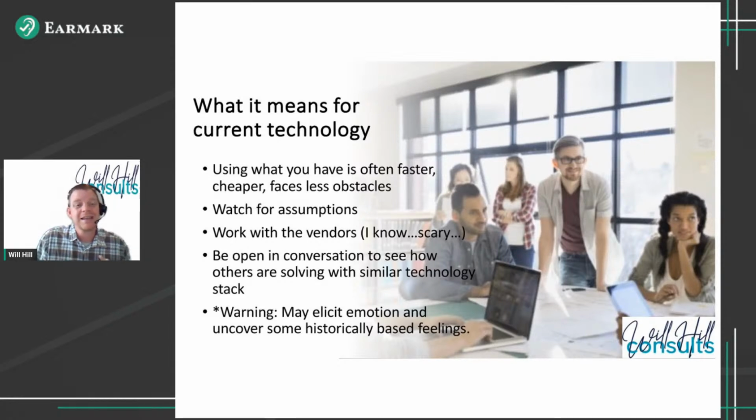Or maybe we don't name the product. Maybe we pull in the people that work through that process and say, using what we already have, how could we solve this problem? Here's what we're trying to solve for. Here are the measurements we're looking at. How do we bring that in? Okay, so watch for your assumptions.